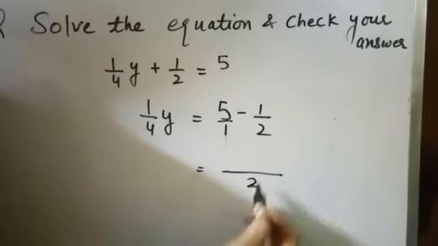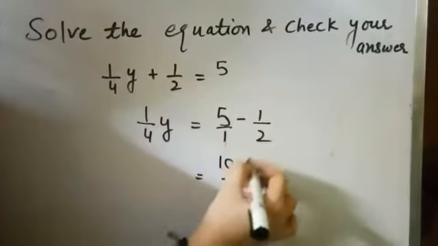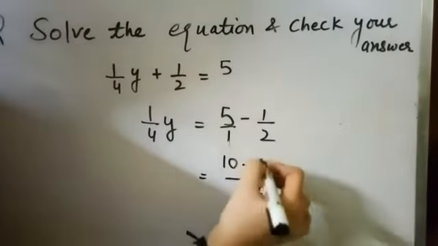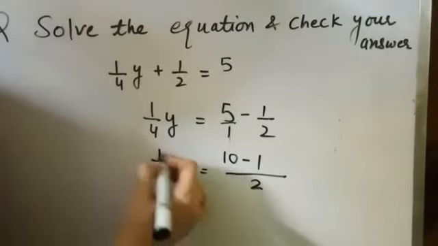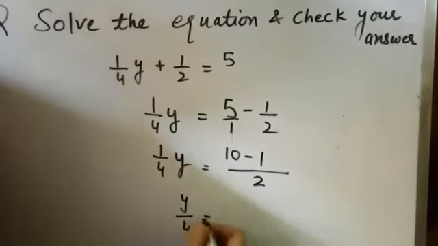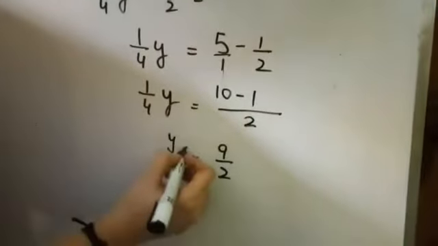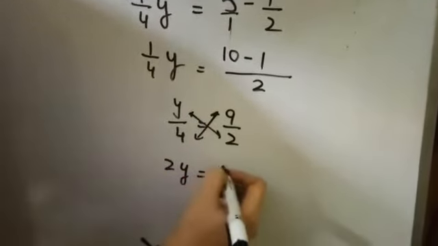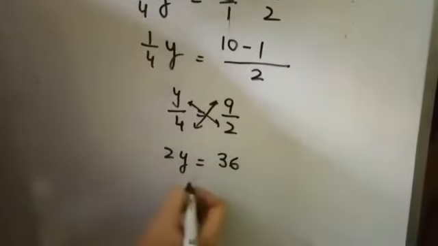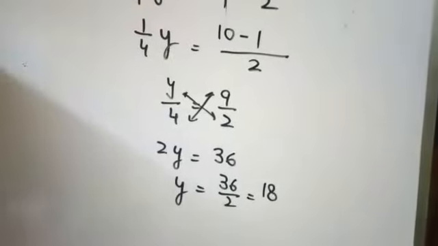The LCM of 1 and 2 is 2. 2 divided by 1, 2, multiplied by 5, 10, and 2 divided by 2, 1, multiplied by 1. So 1 by 4y, either you can write it as 1 into y by 4 also, is 9 by 2. Now you can cross multiply, or shift 4 to that side. Cross multiplying, 2 into y is equal to 9 into 4, 36, so 2y is equal to 36, and y is equal to 36 by 2, 18. The value of the variable is 18.